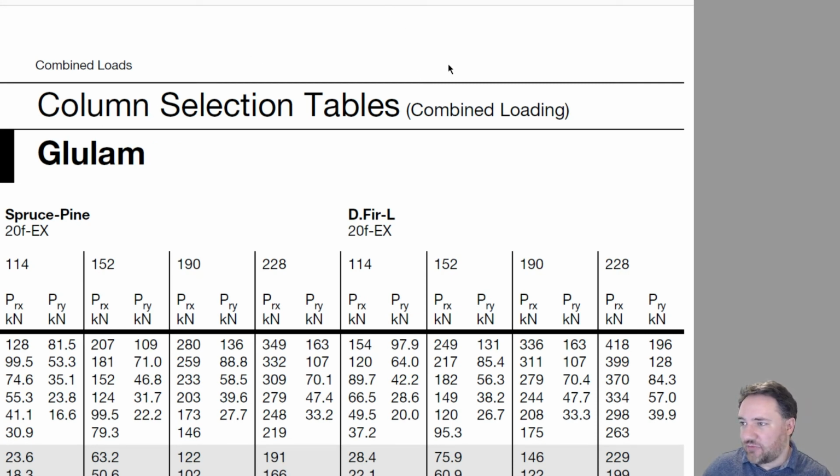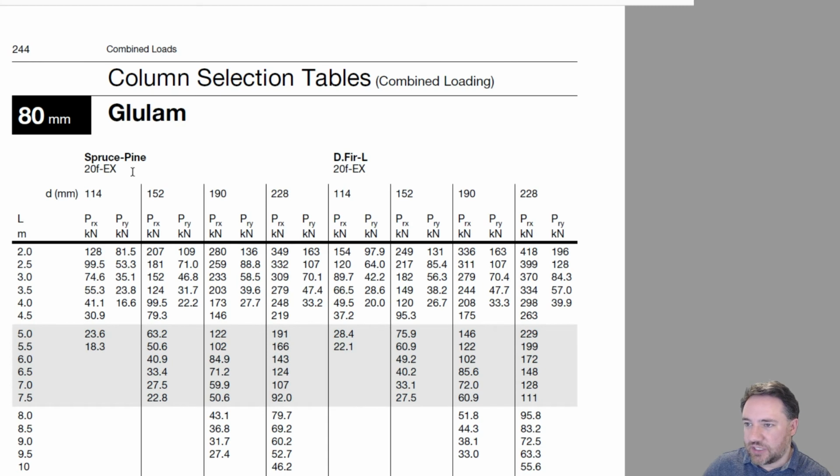And it doesn't have moment and axial capacity. What it does is it gives axial compression capacities for a bunch of glulam sections that are usually used as beams. So these are like axial capacities of beams. And this is the grade that we're talking about here, 20FEX.